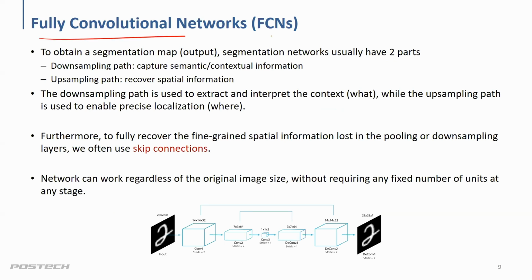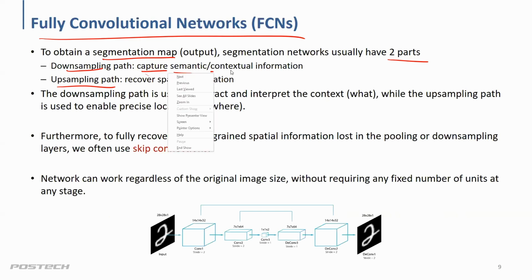So let's see FCN structures. To obtain the segmentation map, we need two parts. One is the downsampling path and another one is upsampling. In downsampling, we capture the semantic or contextual information, and for upsampling we have to recover the spatial information as well.